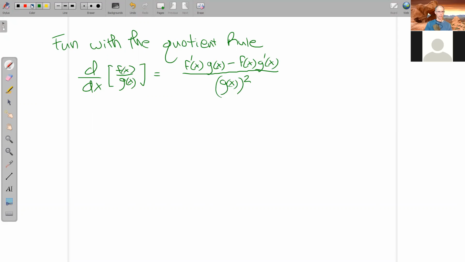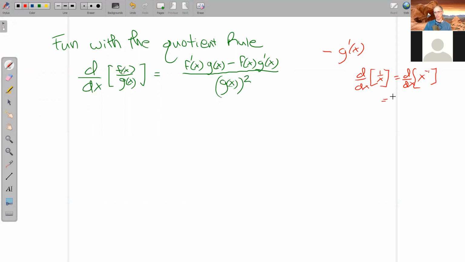And the key thing I said the other day in remembering this is that the subtraction always goes with g prime of x, because that's in the denominator, and that stems from a version of the power rule that I'm going to prove more carefully in a couple of days. But that's related to the derivative with respect to x of 1 over x, which is the same as the derivative with respect to x of x to the negative 1.